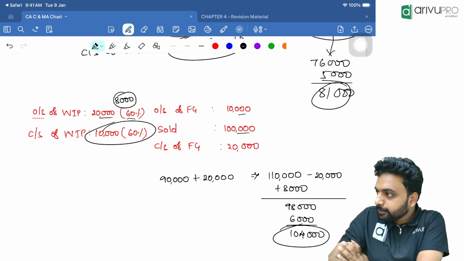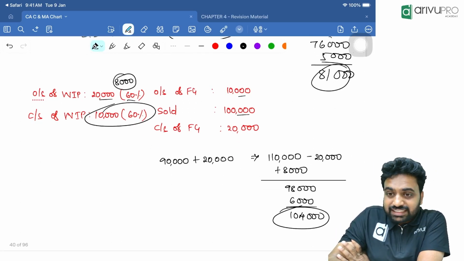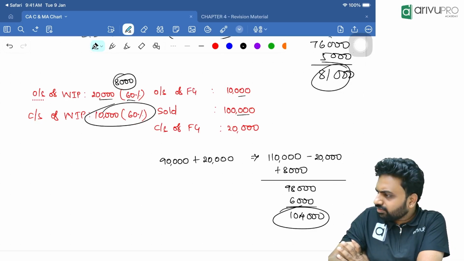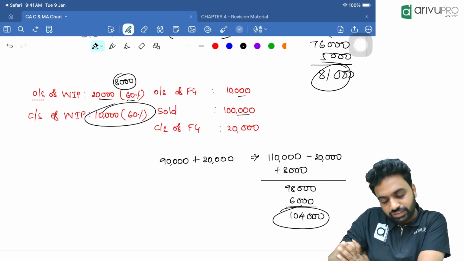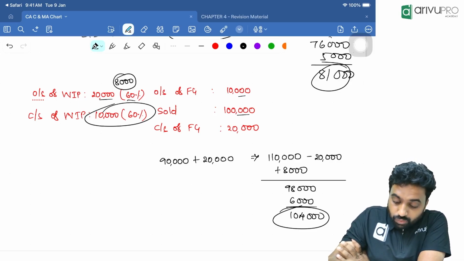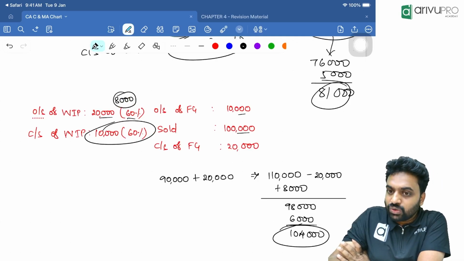Anyone want me to repeat? Okay, great. Now we calculate the supplementary rate. Yes, you can, 12,000 you can directly reduce. No problem. Now, whatever supplementary rate you get, you multiply with the units produced and sold.